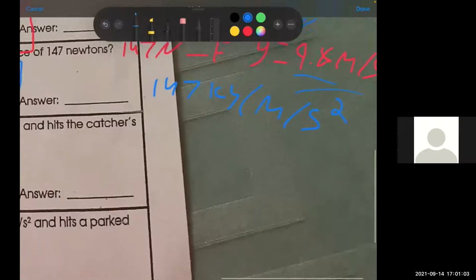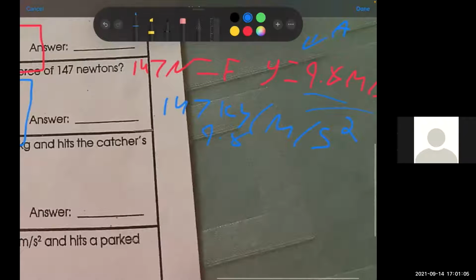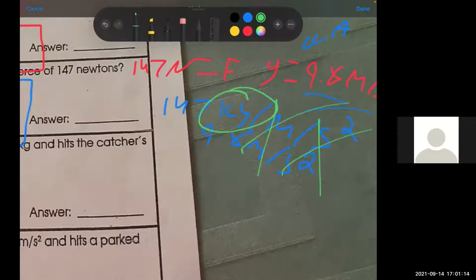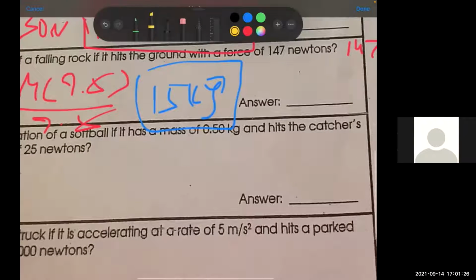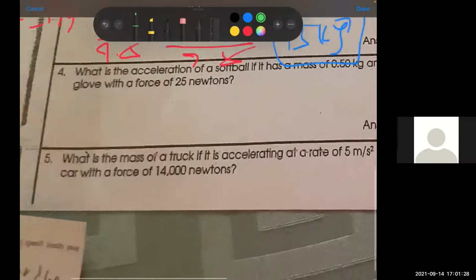So acceleration is 9.8 meters per second squared. The square will cancel out, the meters will cancel out, leaving us with kilograms. So I just want to point that out. I got 15 kilograms.